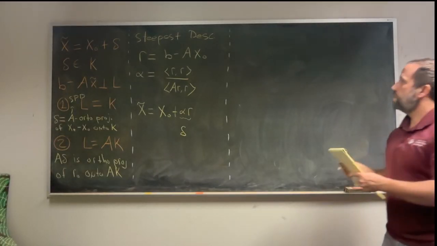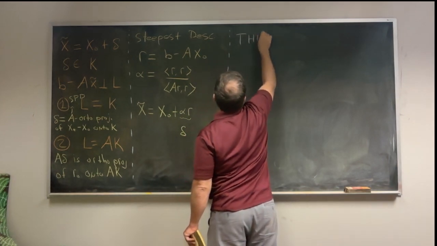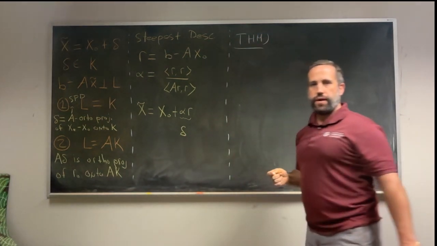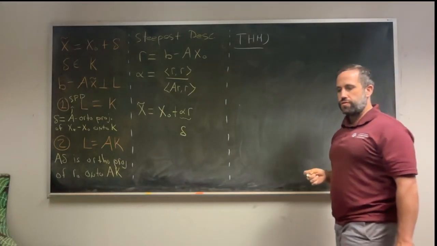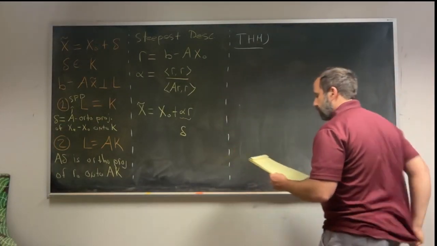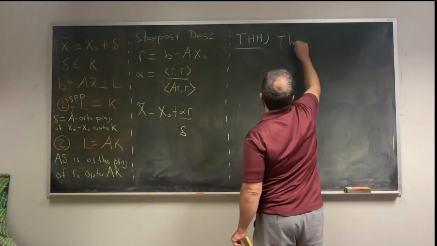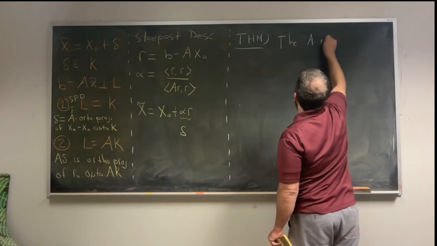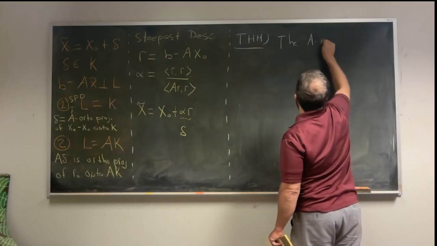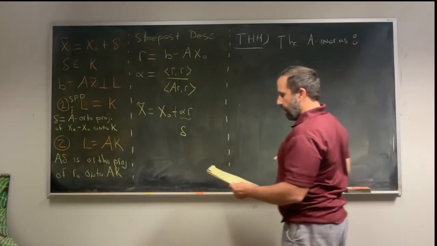So, here's a theorem. Again, I'm not going to prove it, but I'm going to say it. Maybe if I have another more theoretical week, I will prove this, but for now I'm just going to say it, and then we'll have to apply it. So the A norms satisfy the following.